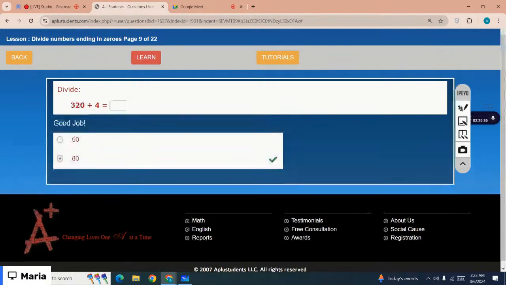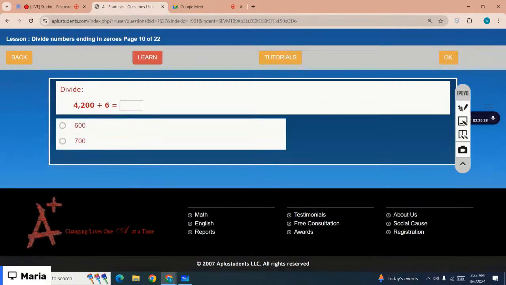The next one is 4200 divided by 6. So which is the correct option?